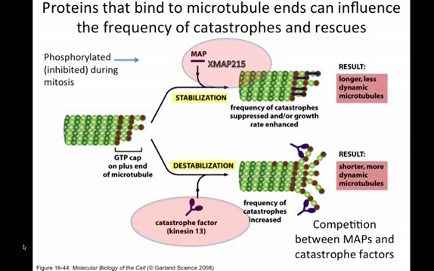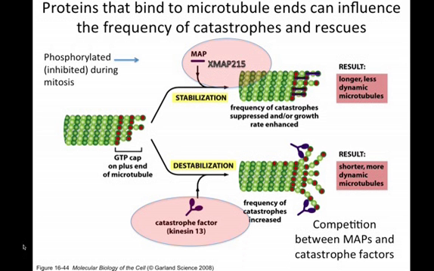Okay, so then there are these other MAP proteins I keep talking about. Remember I said there are ones that are involved in spacing and some that are involved in stabilizing and destabilizing. So these are MAP proteins that bind to microtubule ends. They're not capping proteins per se. You can have some MAP proteins involved in stabilizing. It suppresses catastrophes even though your GTP will be hydrolyzed, and so this would result in long, less dynamic microtubules.